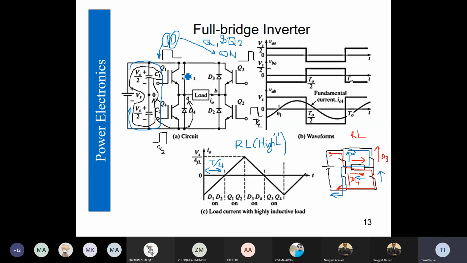But what happens when we have Q1 and Q3 both on, and Q2 and Q4 both off? What happens when Q1 is on and Q3 is on? What voltage is going to appear across the load?